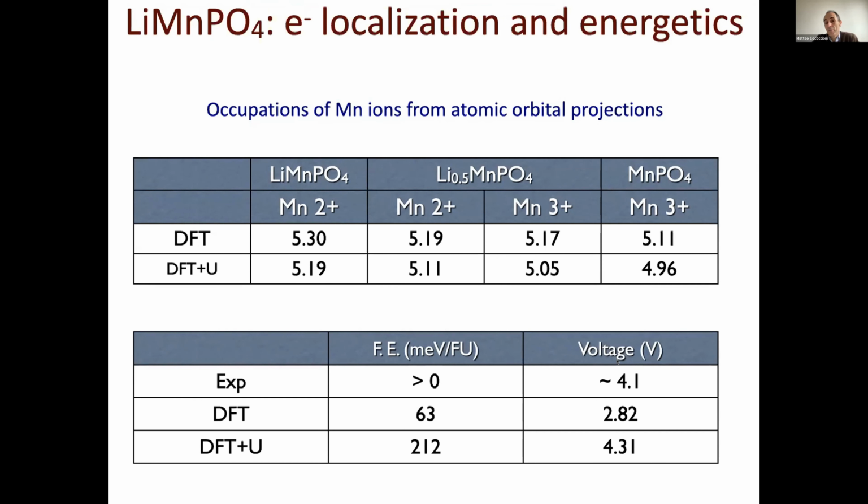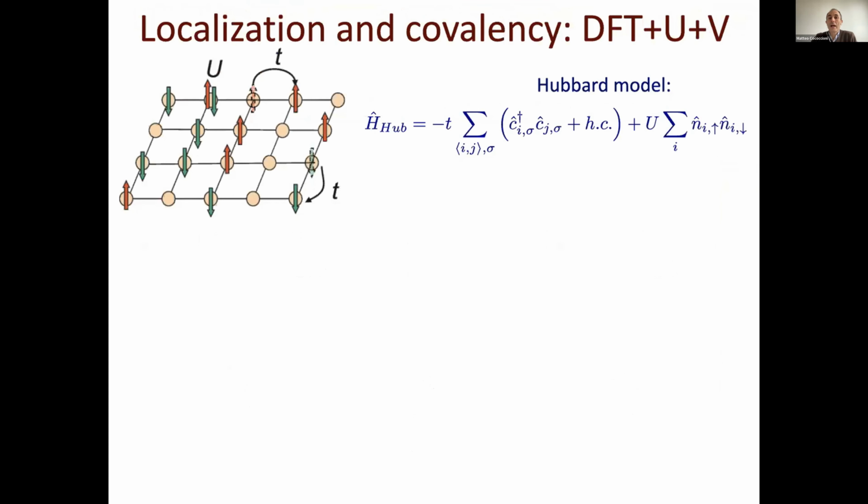Basically, it turns out that manganese, compared to cobalt, features more hybridization, a more pronounced hybridization with the surrounding oxygens. So localization is not an atomic affair anymore as it was before, and you need to capture this more pronounced hybridization with oxygen.